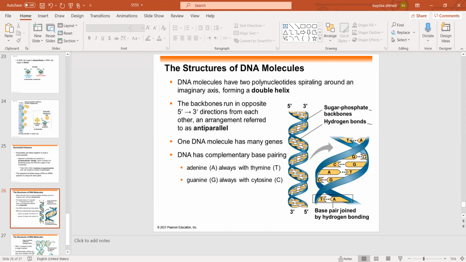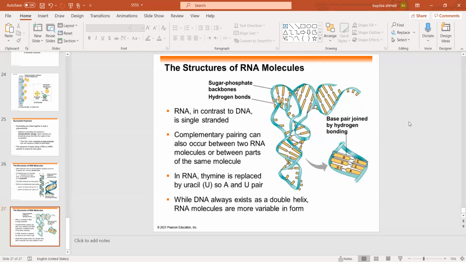Reading the sequence of bases along one strand of the double helix would tell us the sequence of the bases along the other strand, because we know that guanine always bonds with cytosine and thymine with adenine. RNA molecules, by contrast, exist as a single strand.